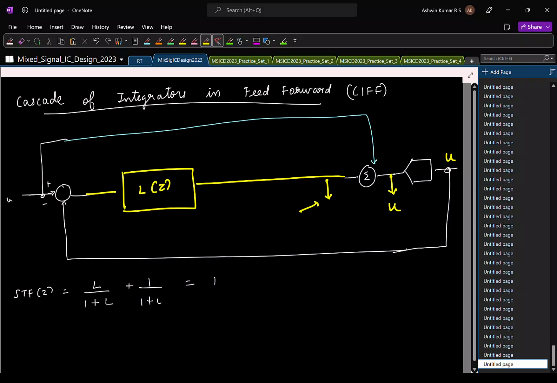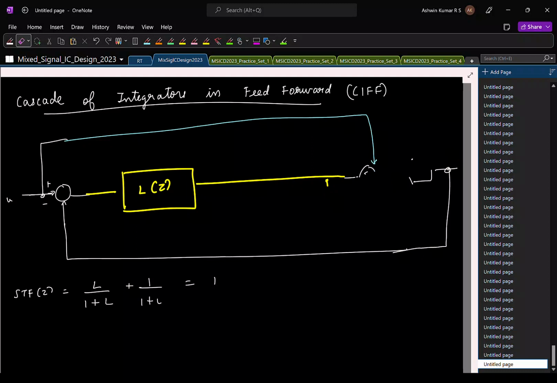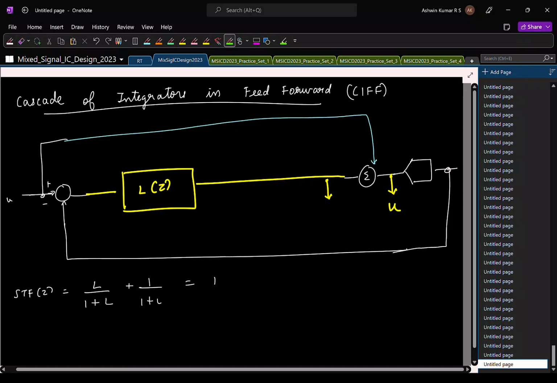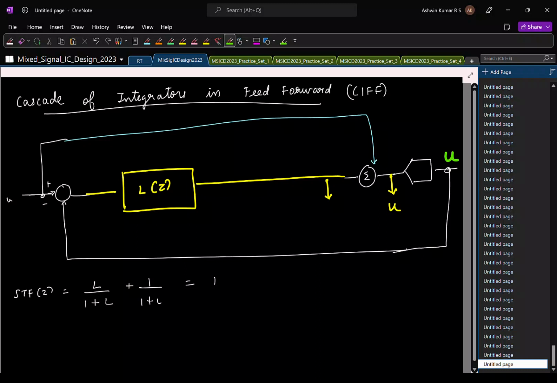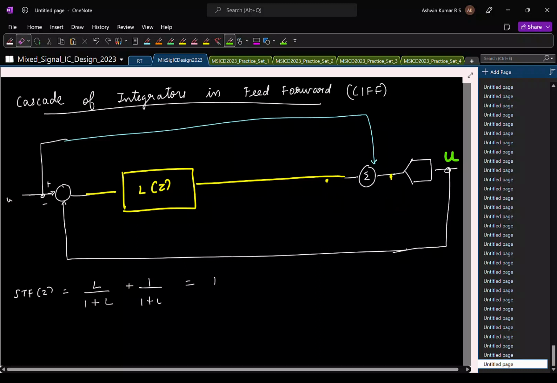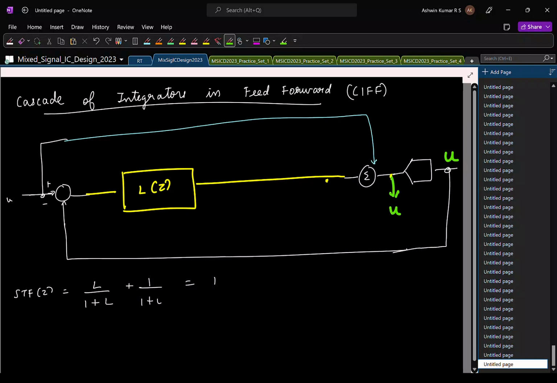Let me maybe write in a different color. I know that the STF is exactly 1, so the output I'll get exactly U, ignoring quantization. So even at the input of the quantizer I should get the same U.